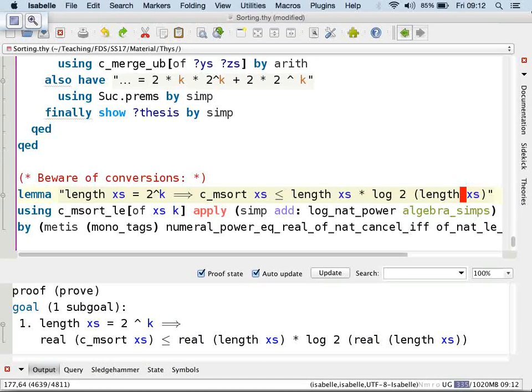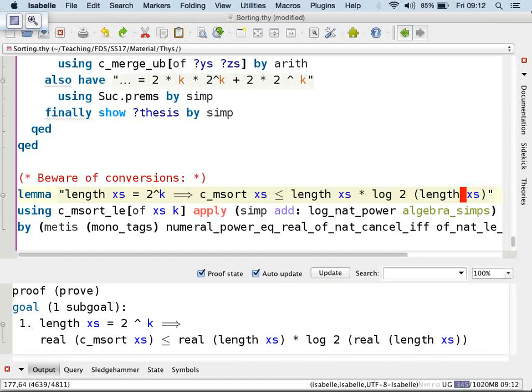So if you compare your input statement, the lemma statement, with the sub-goal, then you see that the system has inserted lots of conversion functions from natural numbers to reals, the function real, which it must, because otherwise you can't take logarithms. The logarithm produces a real number. And therefore, that already complicates things.